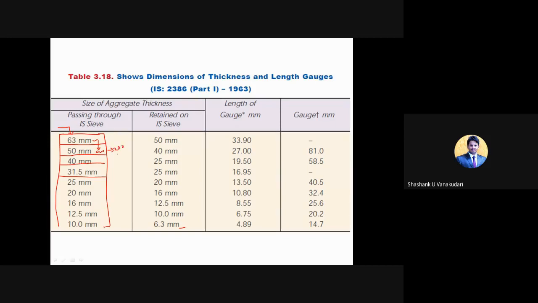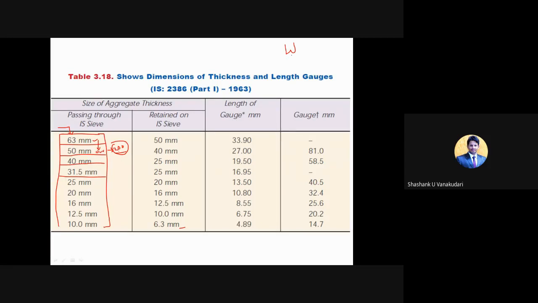Approximately, you need to consider 200 number of particles. You are going to collect around 200 numbers and not 200 grams. The weight of those particles you are going to consider as capital W.